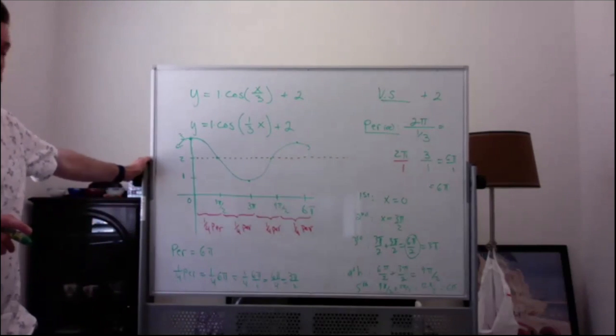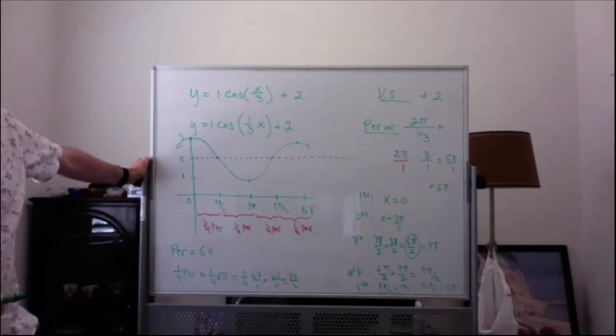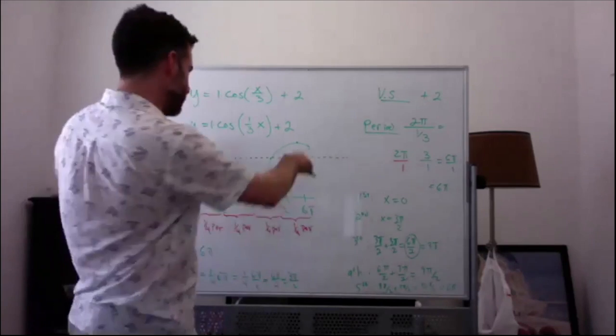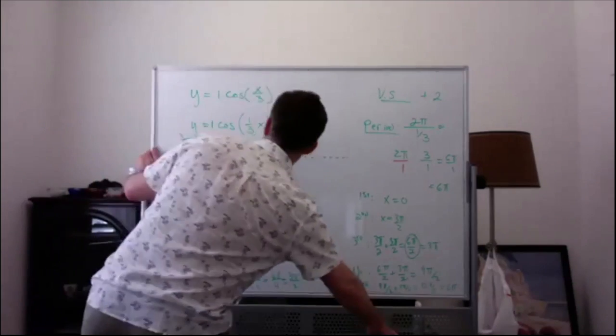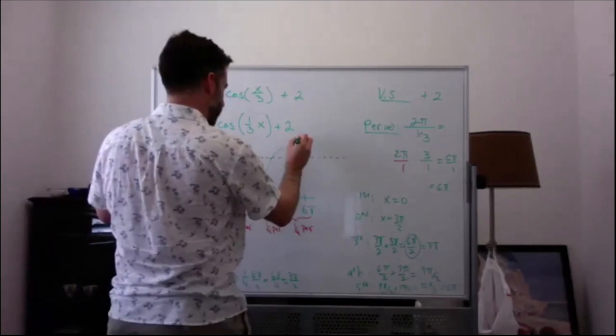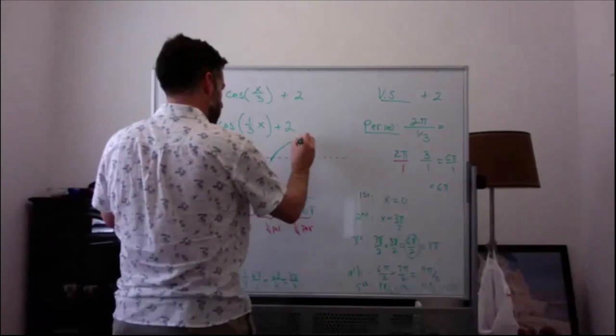So there's my cosine of x over 3 plus 2. Now, if you're looking at this on the screen, this one doesn't look as high as that one. Sometimes your graph is not going to look perfect. But if you notice it doesn't look perfect, you can fix it a little bit. That's a little bit better.